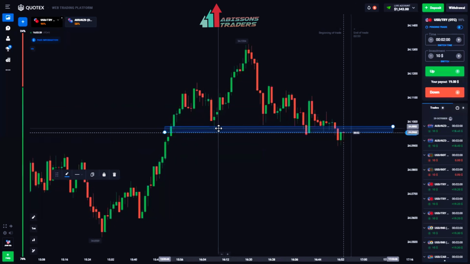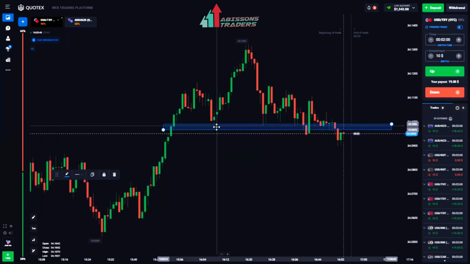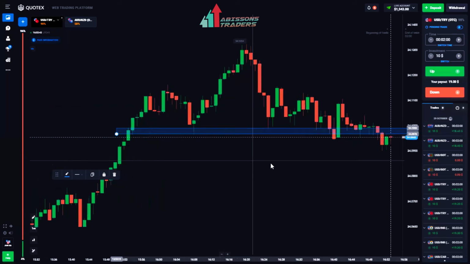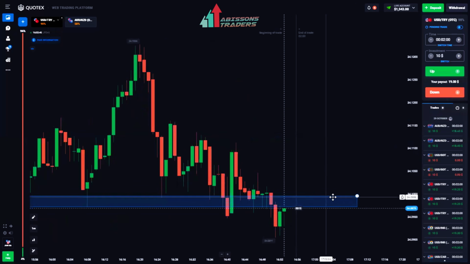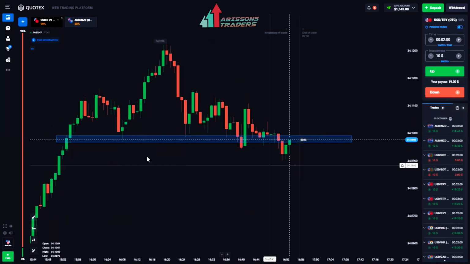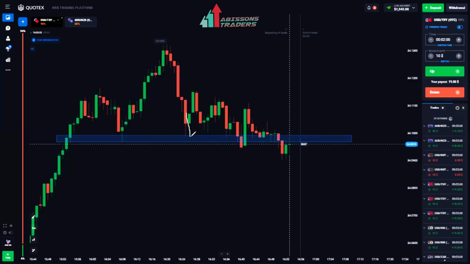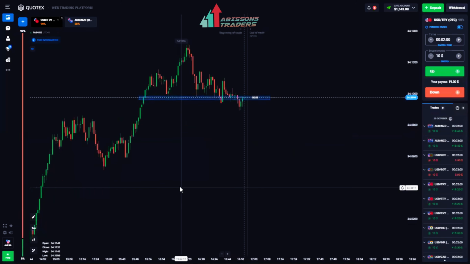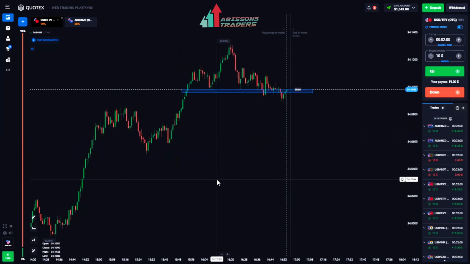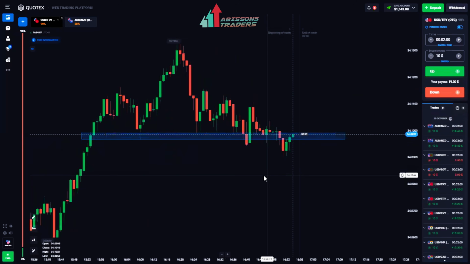So I need to cover this wick, this one, and when I cover this wick, now you can see this is a zone, all right? It will cover the whole zone. So now this is a zone. So you can see the reaction at the zone. The market has been reacting in that zone because of the reversal points. That's a reversal point, all right?